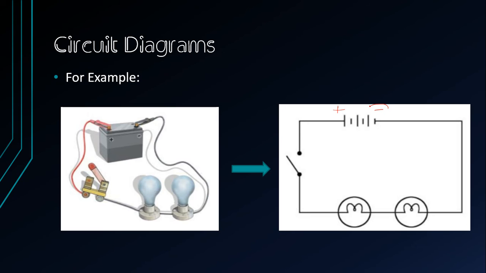Just like here, our battery negative end is on the right-hand side, we would draw it all as well on the right-hand side. Then we draw a rectangle, right? 90-degree corners. And then we have our 2 light bulbs, another 90-degree corner, and then we have our switch, which is open, and then it goes back to our battery.